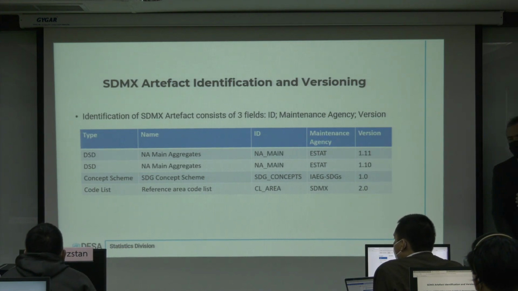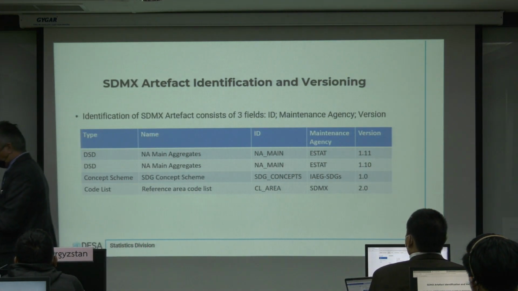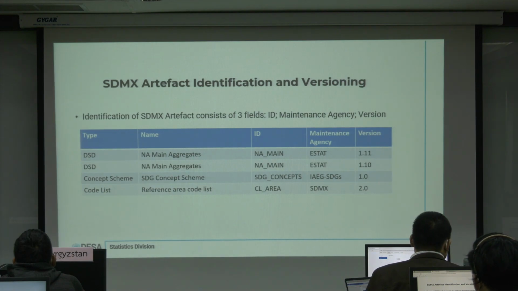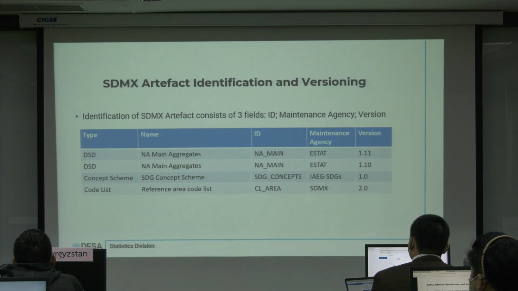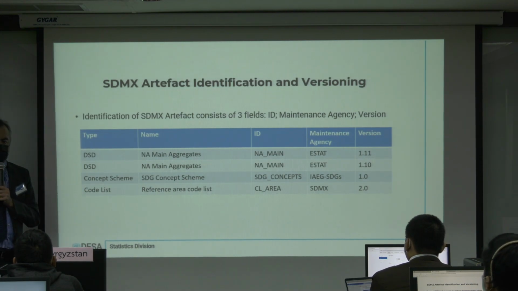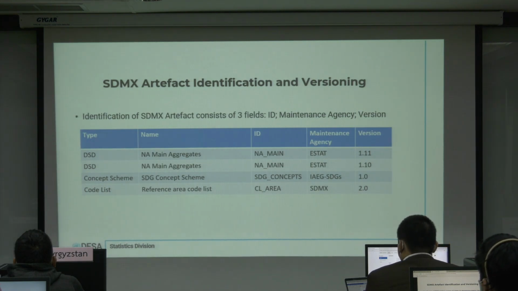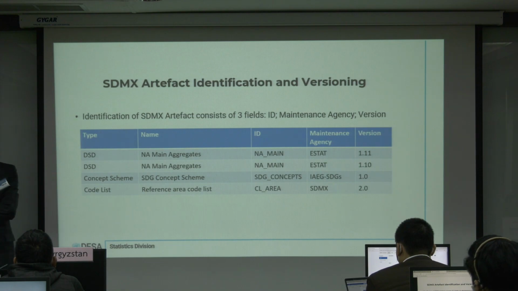Now, this is very, very important. Identification and versioning. We've talked a lot about identifying data, right? We've talked about dimensions, we've talked about keys, we've talked about series keys, for example, right? But SDMX artifacts also need to be identified.